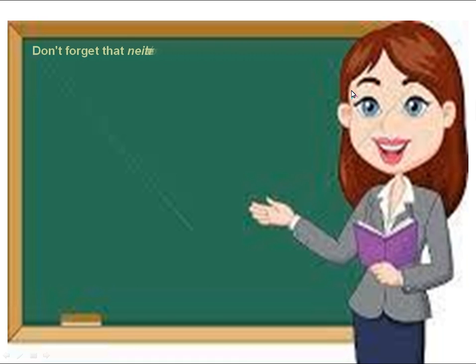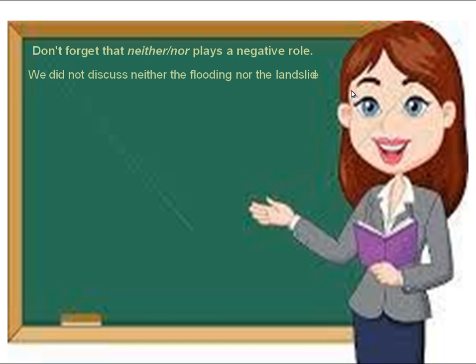And don't forget that neither nor plays a negative role. So you need to be aware that neither nor plays a negative role in your sentence, and you have to be careful not to use the word not, because it will become a double negative, right? So here is an example which is a wrong sentence.